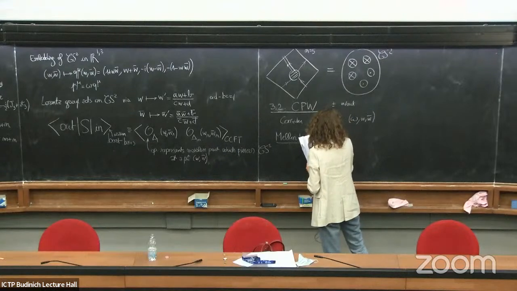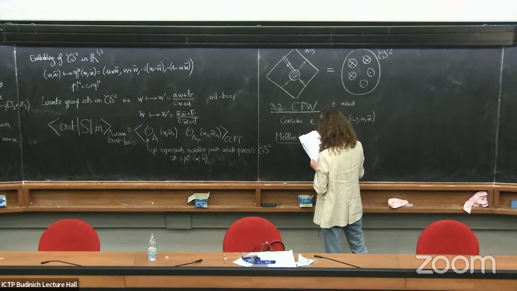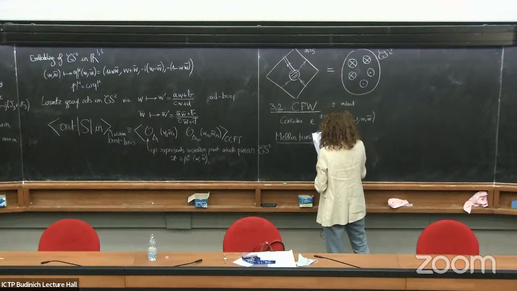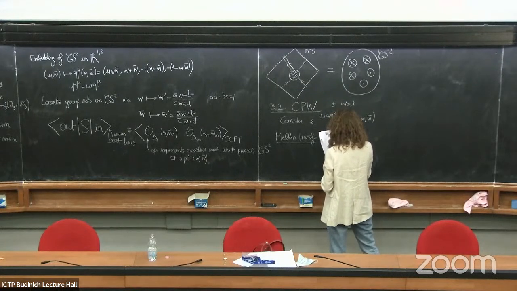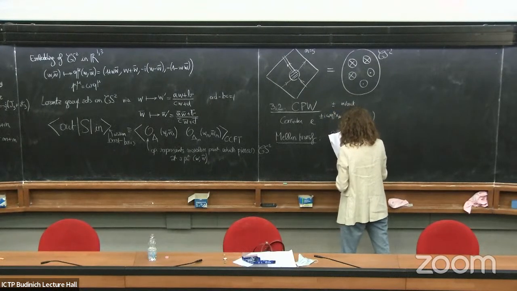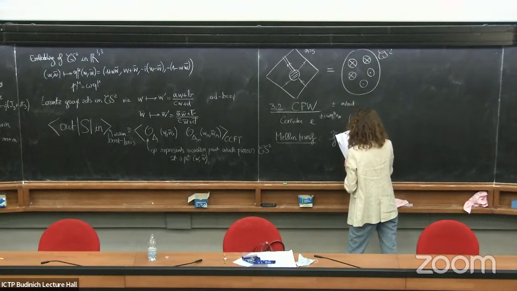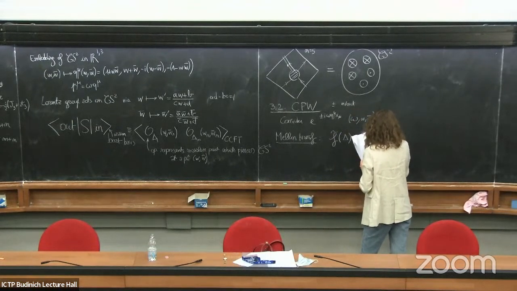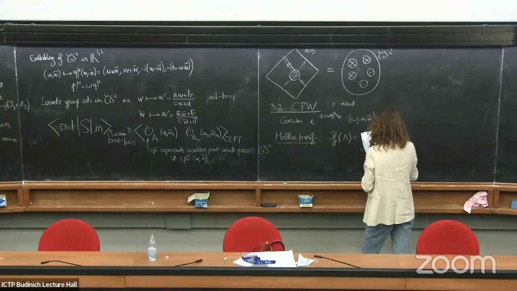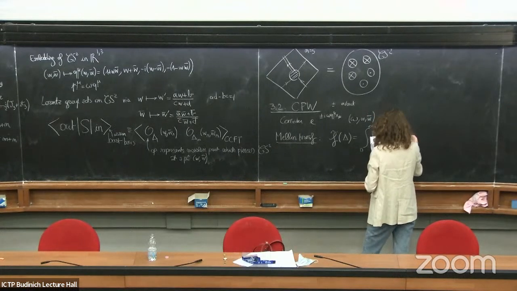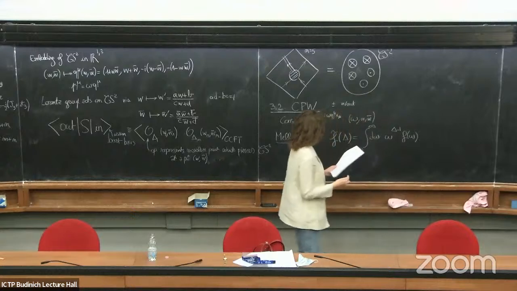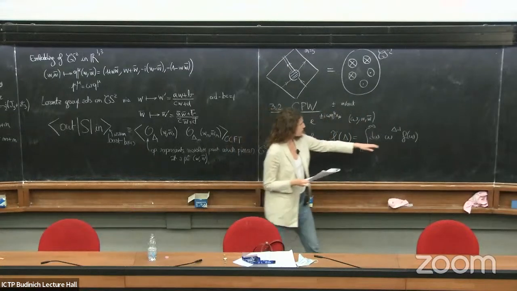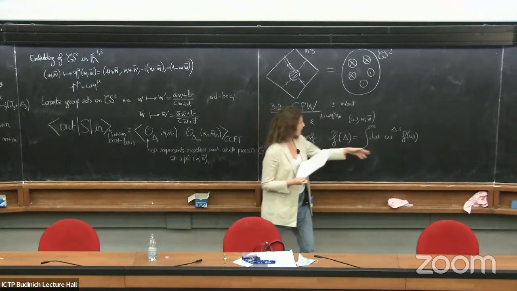So the definition of the Mellin transform is as follows. It is an integral transform over a variable, which here will be the energy of the particle. This is the Mellin transform of a function f which depends on omega.